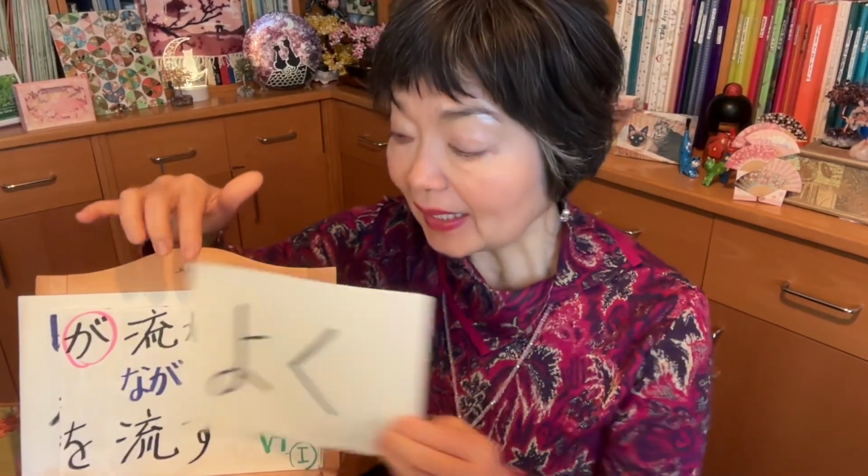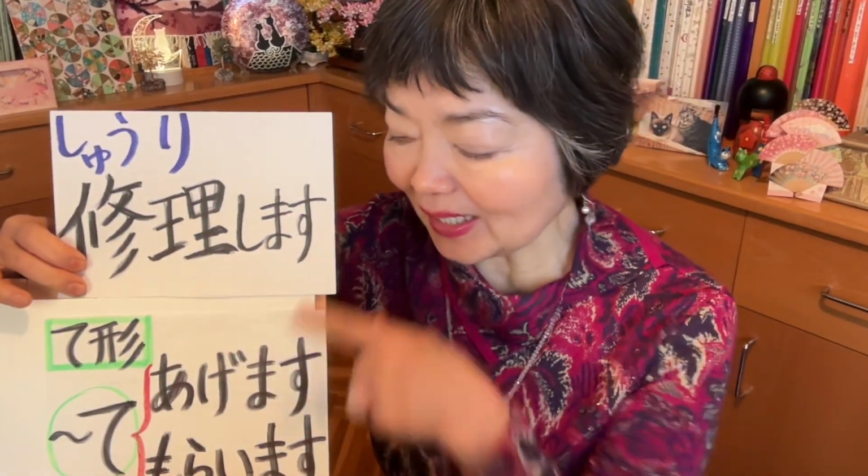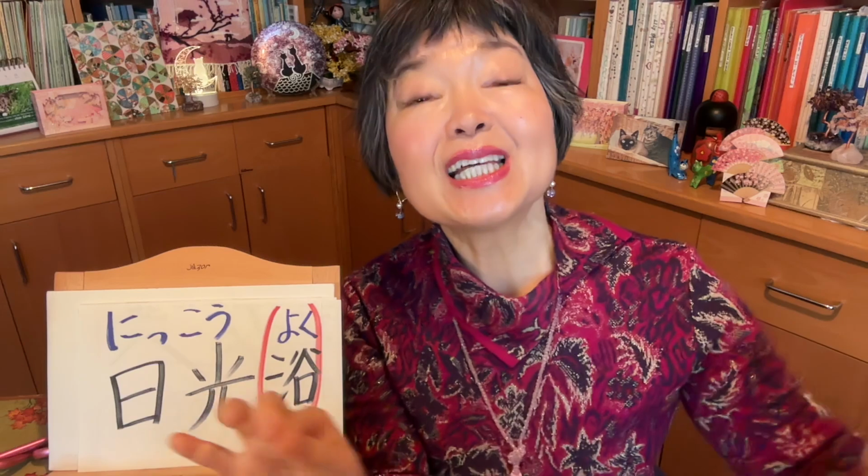This is volitional verb. トイレの水がよく流れるように修理します。修理してもらいました。トイレの水がよく流れるように修理してもらいました。I opened the curtains so that the sunlight could enter the room.